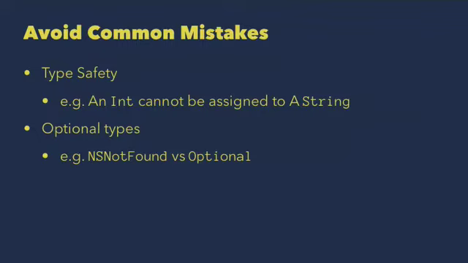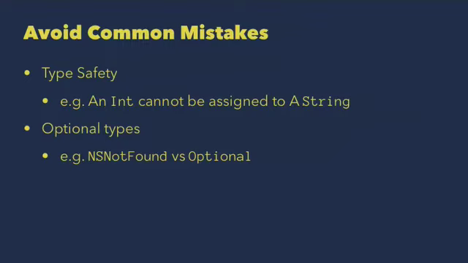So for example, given an array of elements, I want to query whether this array contains a particular element. In Objective-C, it will return NSNotFound, which is essentially the largest number in integer type.